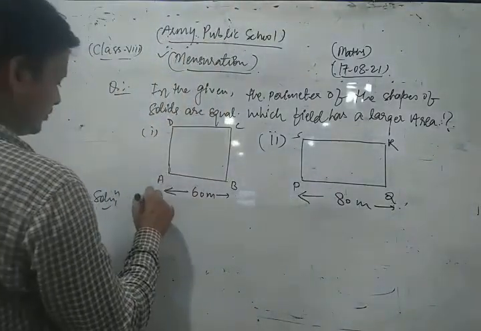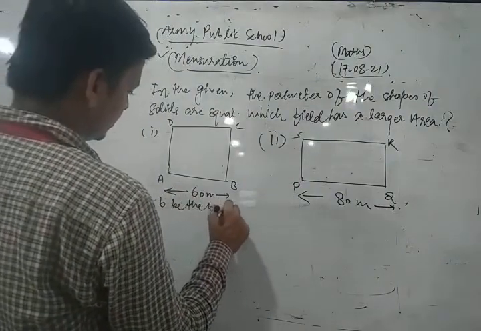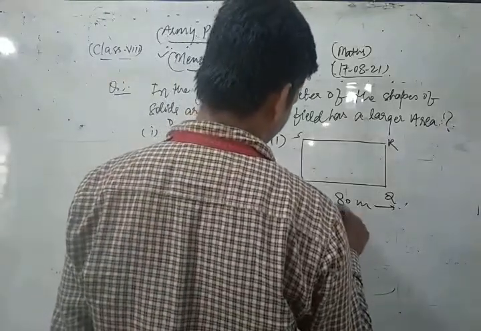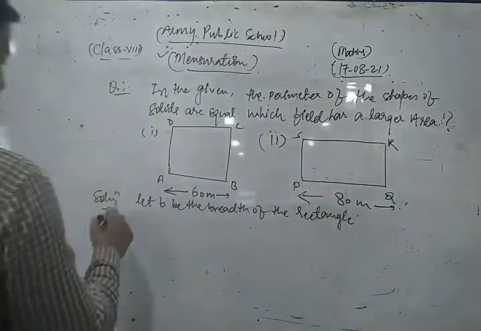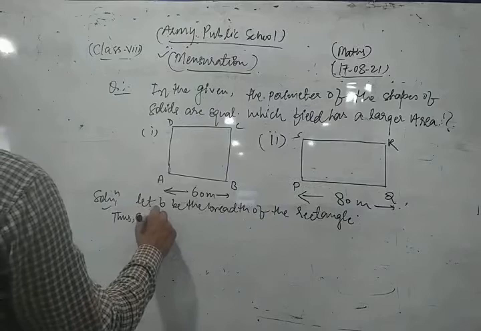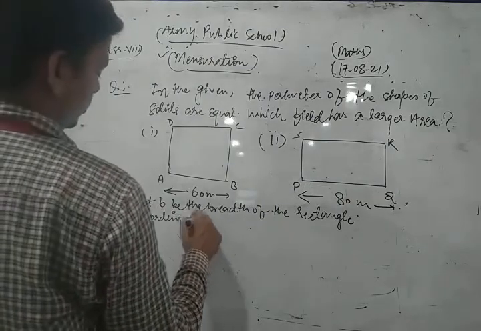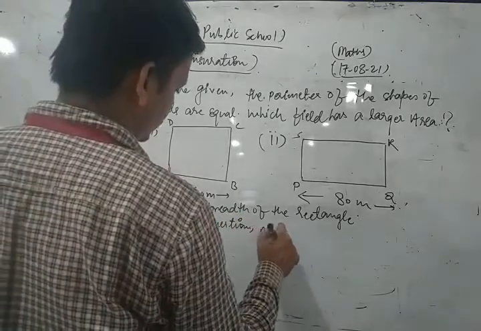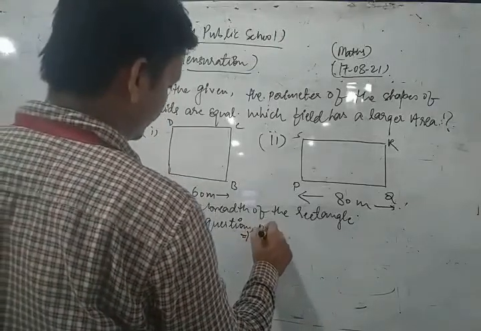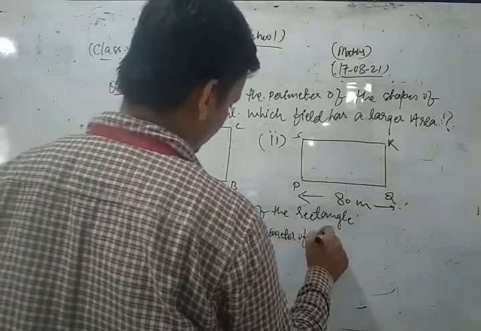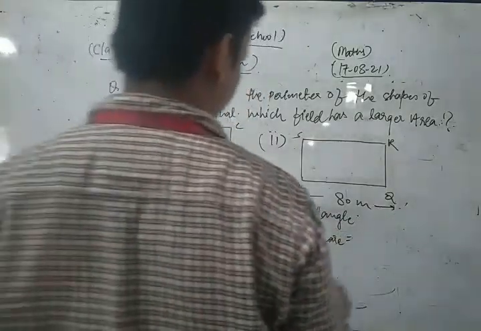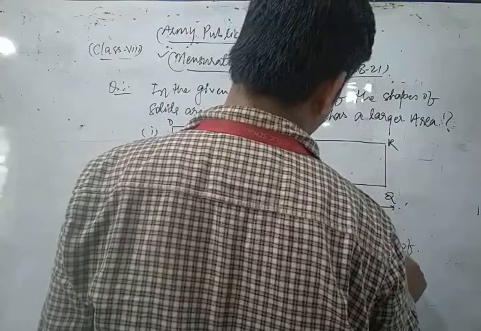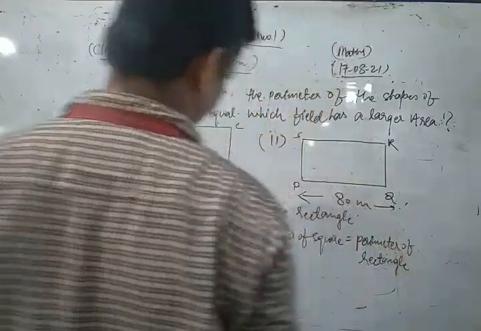Let B be the breadth of the rectangle. Thus, according to the question, the perimeter of the square field is equal to the perimeter of the rectangle.